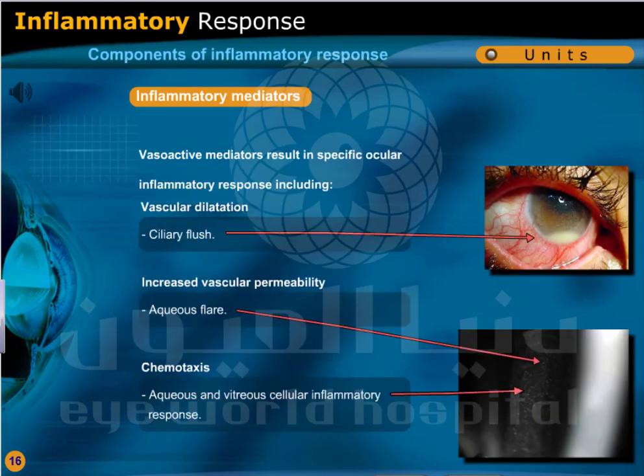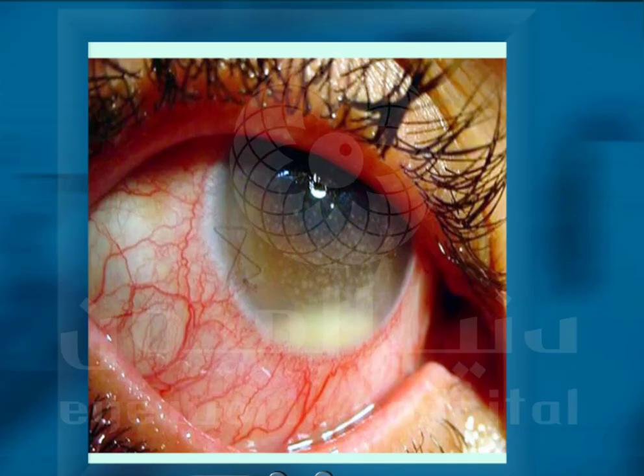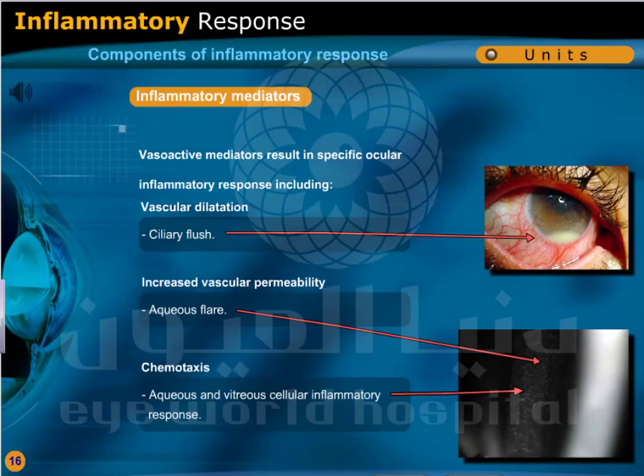The vasoactive mediators result in specific ocular inflammatory response, including vascular dilatation, increased vascular permeability, and chemotaxis. The vascular dilatation appears as ciliary flush, increased vascular permeability appears as aqueous flare, and chemotaxis represents aqueous and vitreous cellular inflammatory response.